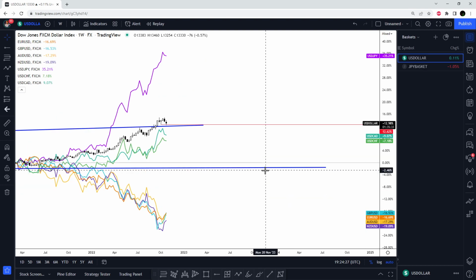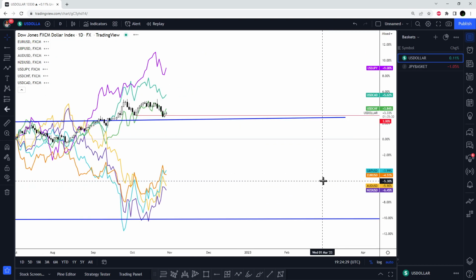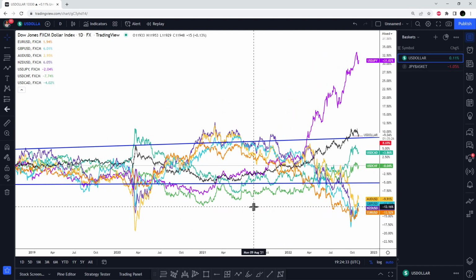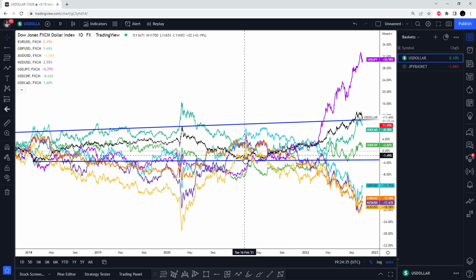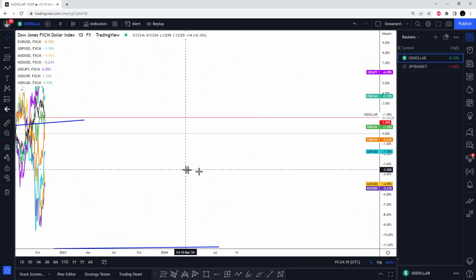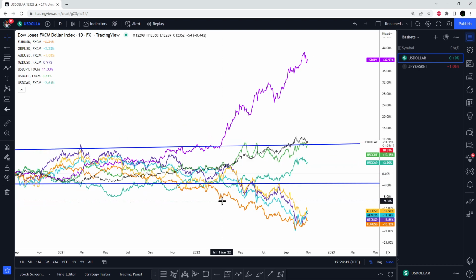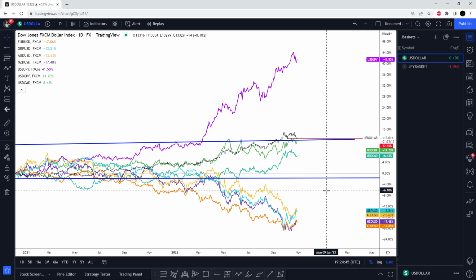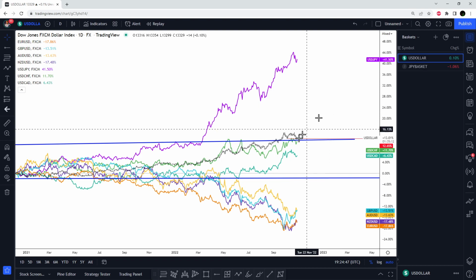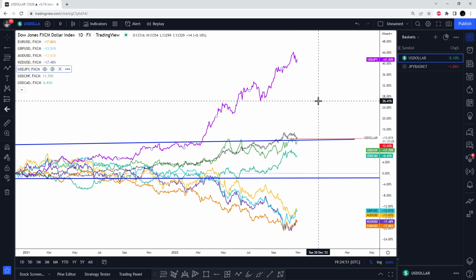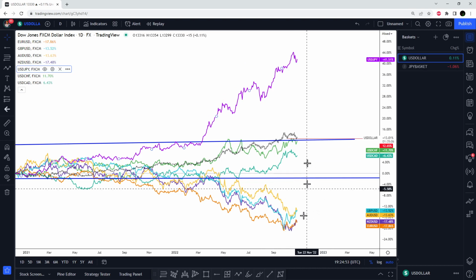basis the last move. So let's say I go on a daily here, and what I want to do is find the bottom of that last wave. So it's around here in 2021, and I'll back up over here. So within the last move of that wave, you can compare which pair has been the most aggressive to the upside and or the weakest, because this is US yen.